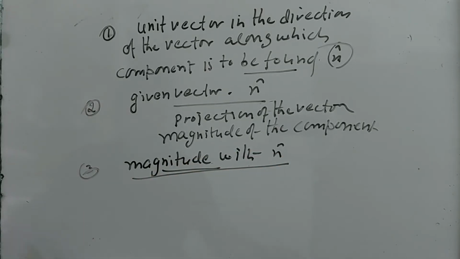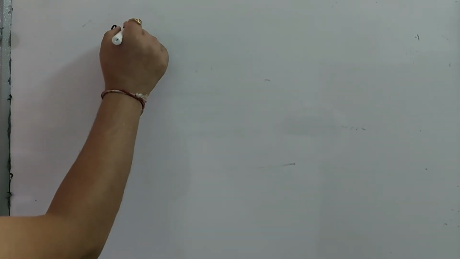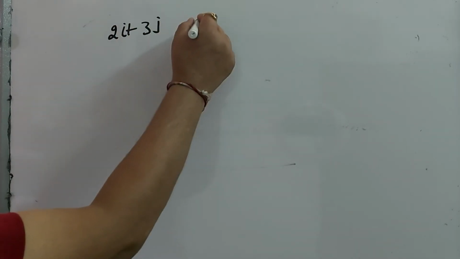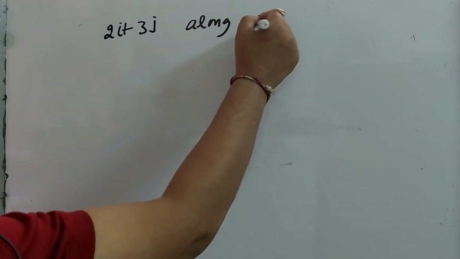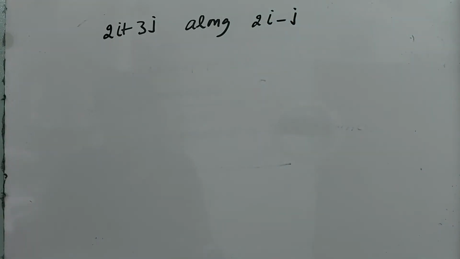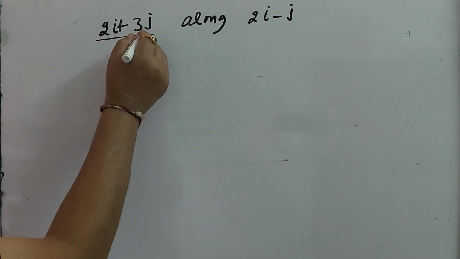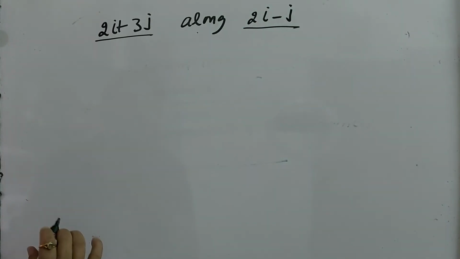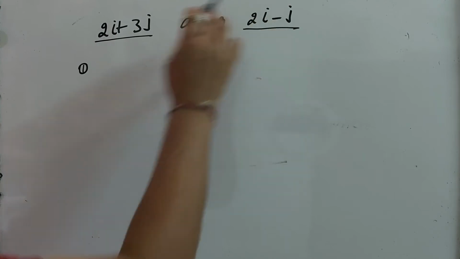Now for example, suppose we have to find out the component of 2i cap plus 3j cap along 2i cap minus j cap. Now to find the component of this vector along this vector, the first step is to find the unit vector along this vector.